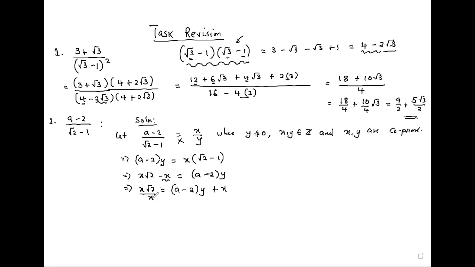So we divide by x and divide by x. So we get root 2 is equal to ((a minus 2)y plus x) over x. But root 2, we are told, is irrational.